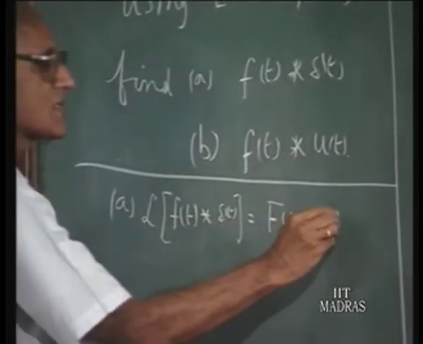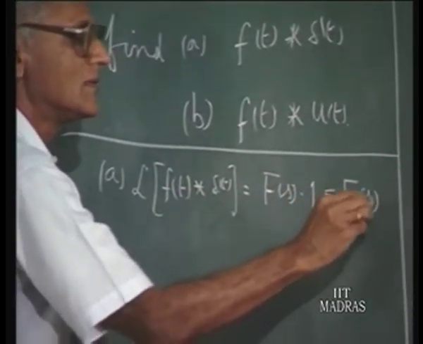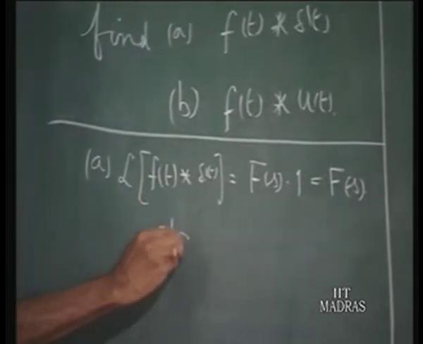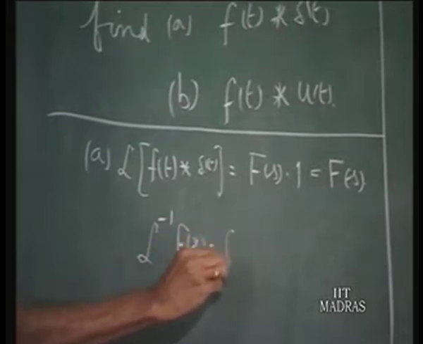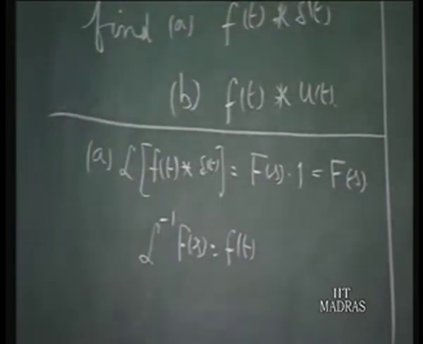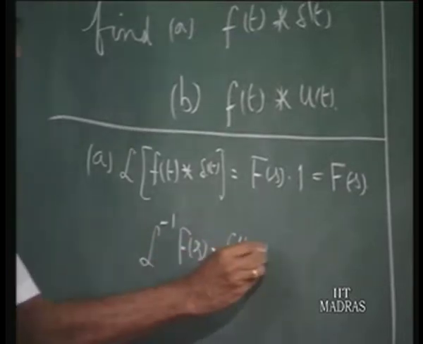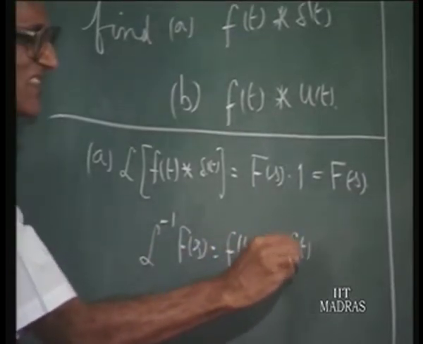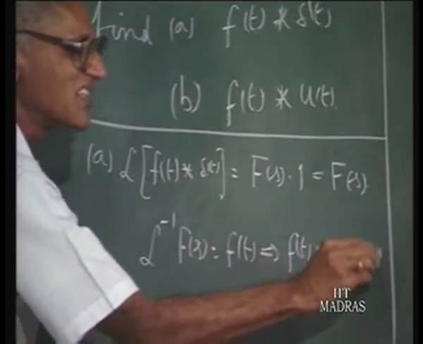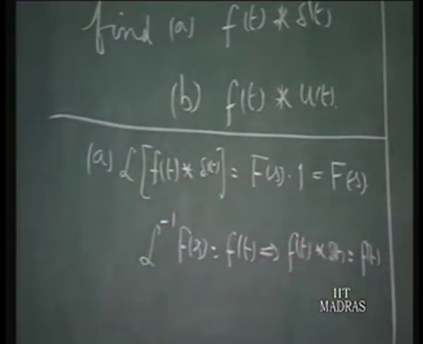Therefore, this is F(s), and the inverse Laplace transform of F(s) is f(t). Therefore, f(t) star delta(t) is f(t) itself. That is what we already know.